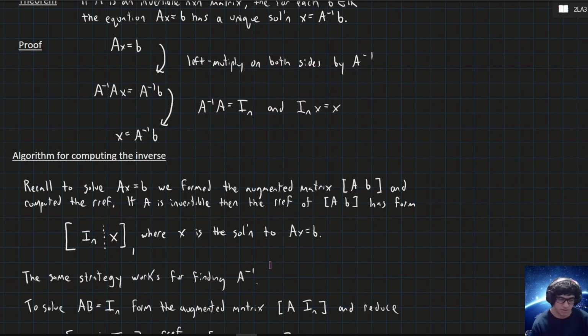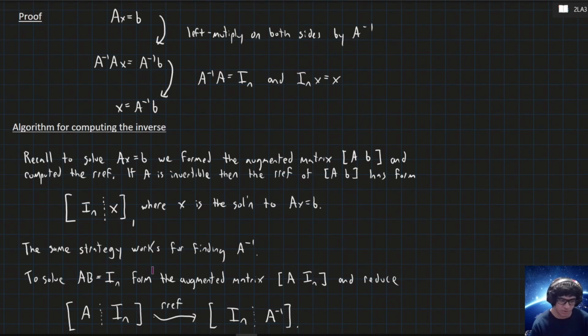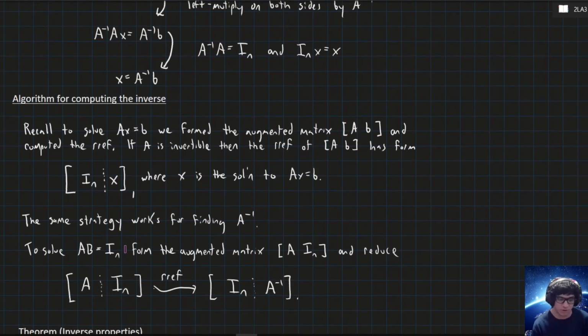Now the equation we're trying to solve is AB equals the identity, right? We're trying to solve for this B. What is this matrix that I multiply A by so that the result is the identity? So B is the unknown here.